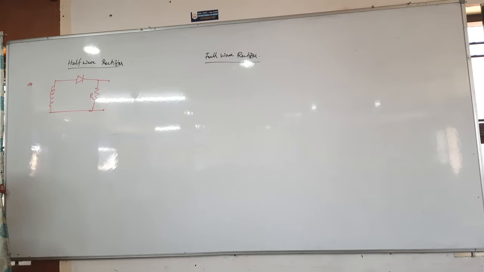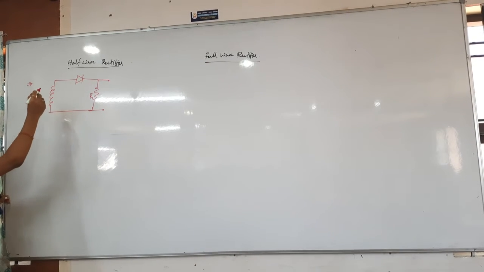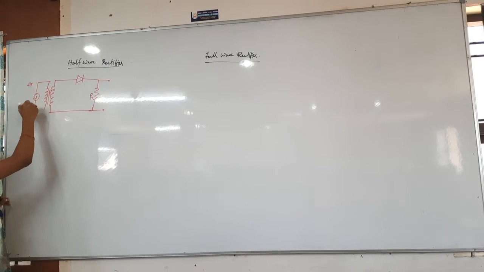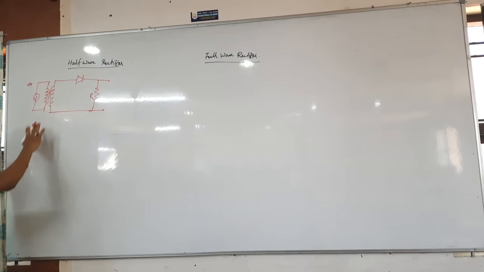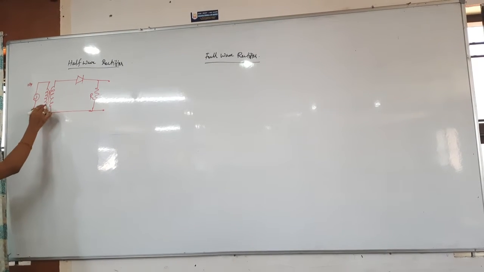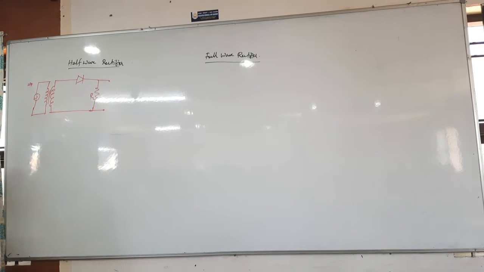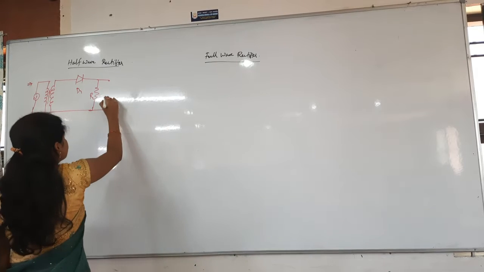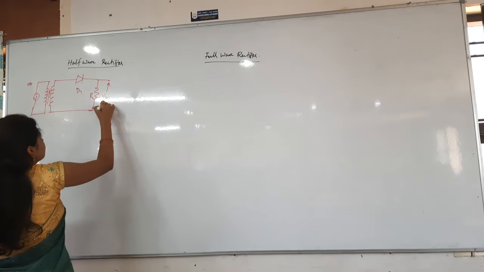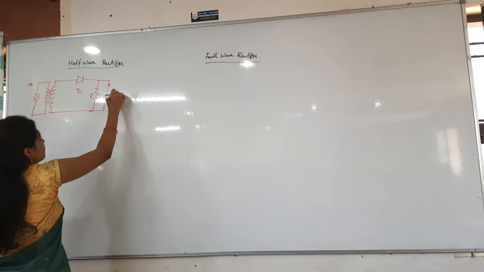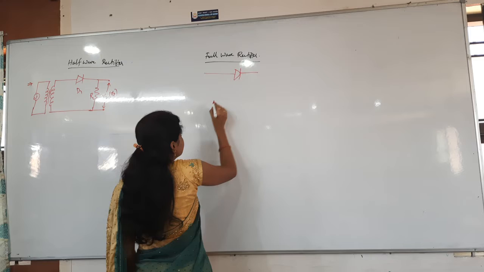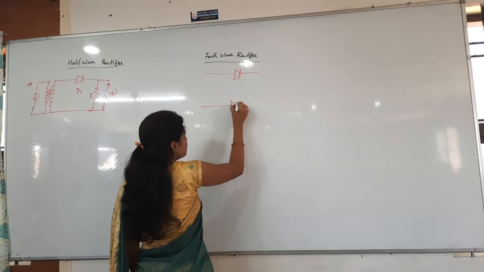In the next line, the DC signal will be converted to AC by using an inverter. Draw the circuit, everything as it is. I will explain each and everything.